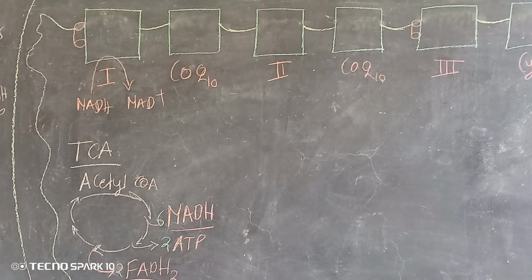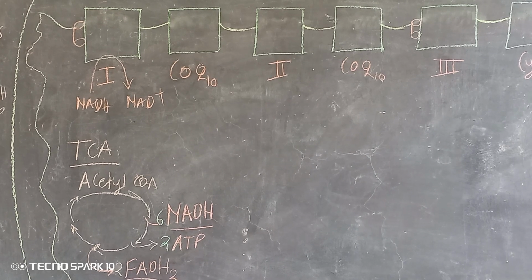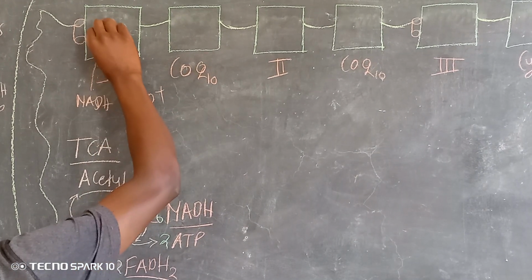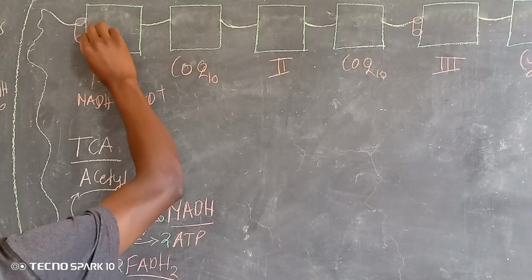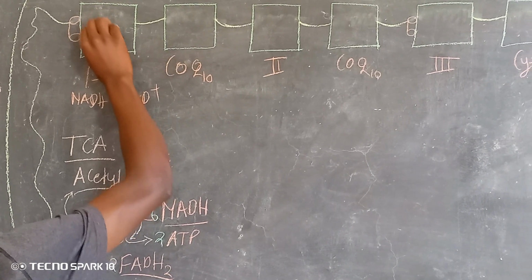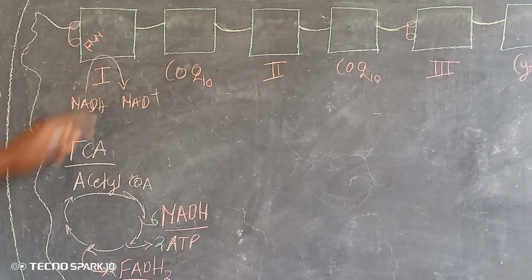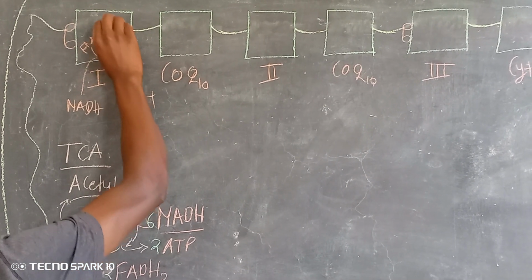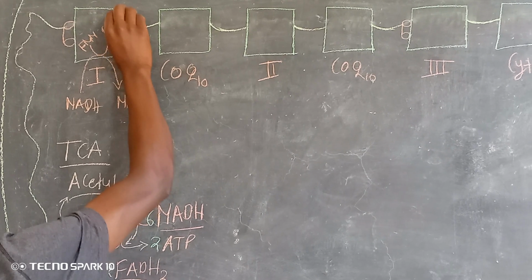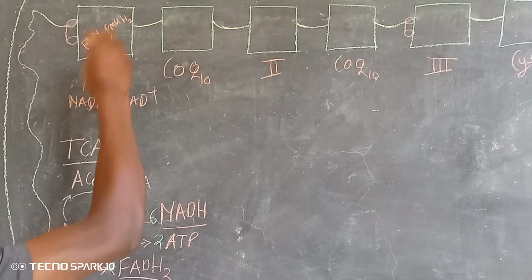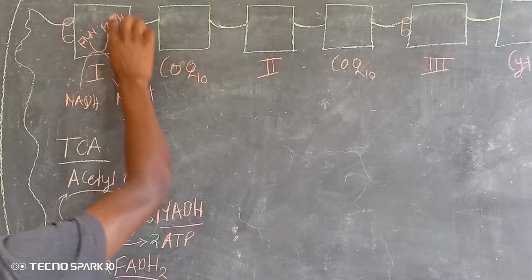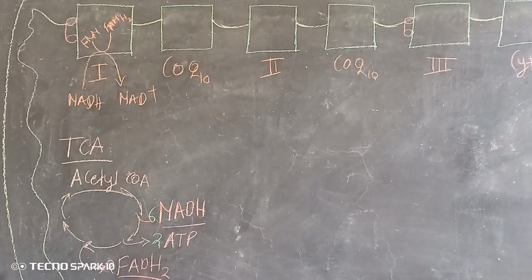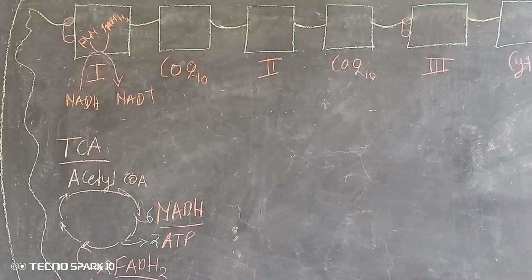So who is going to take the electrons? The electrons are going to be taken by a molecule called flavin mononucleotide, or FMN. It's going to take these electrons and be converted into FMNH2, flavin mononucleotide with electrons.